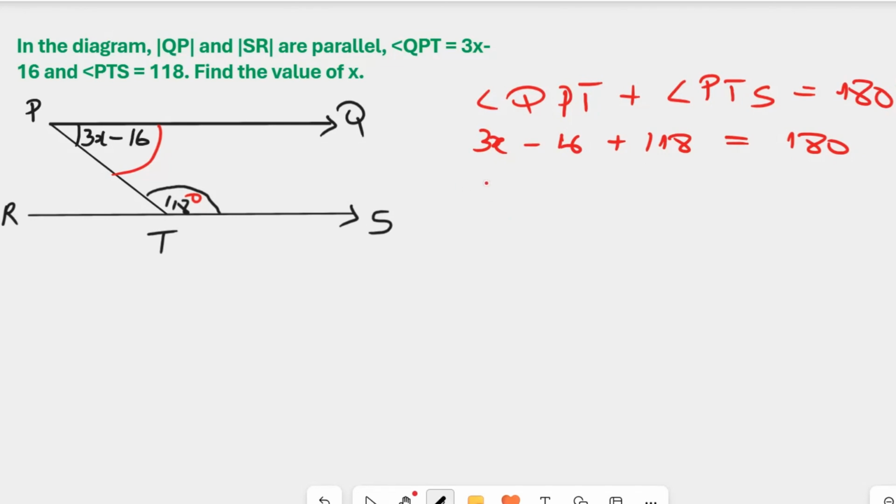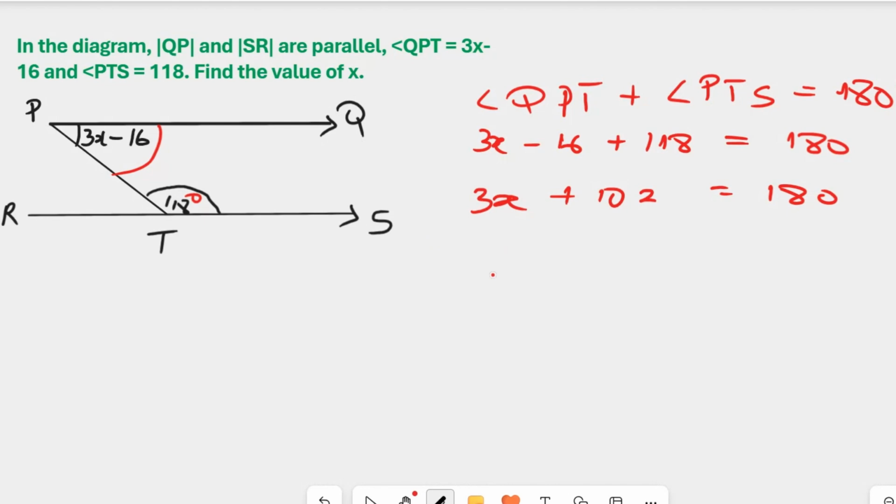So it's just going to be 3x, negative 16 plus 118. So 118 minus 16, and that will give me 102. So we have 3x plus 102, which is equal to 180 here.